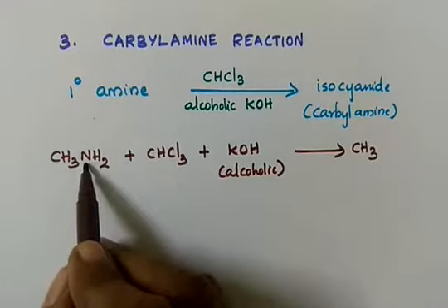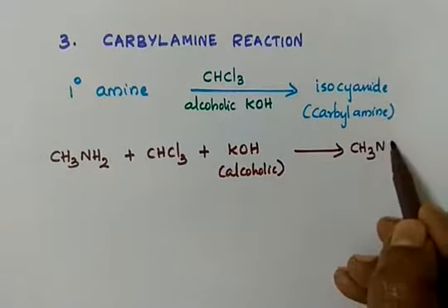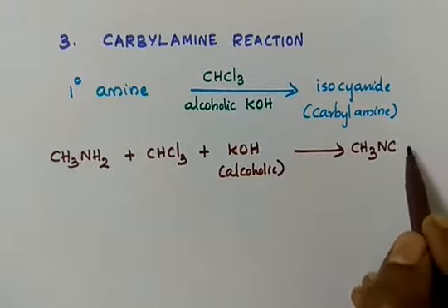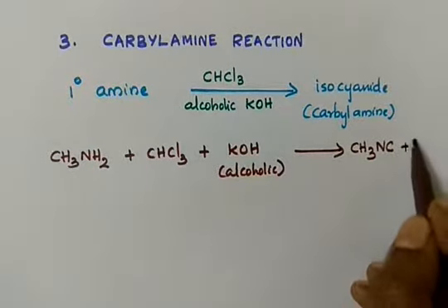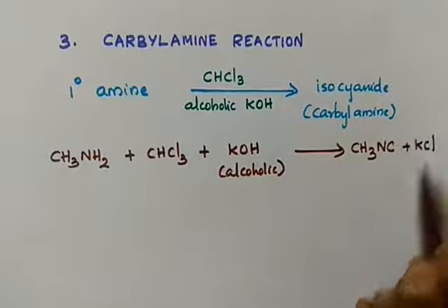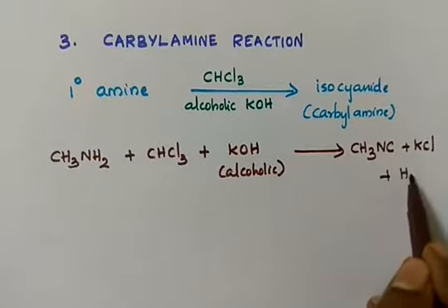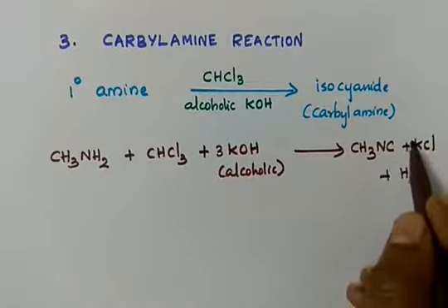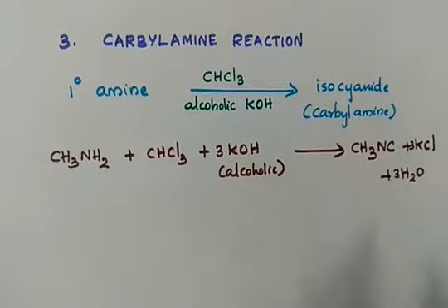Okay, CH3NC is formed. Isocyanide, this is called carbylamine, plus potassium chloride plus water. Okay, 3 KOH, 3 KCl and 3 H2O. This is called a carbylamine reaction.